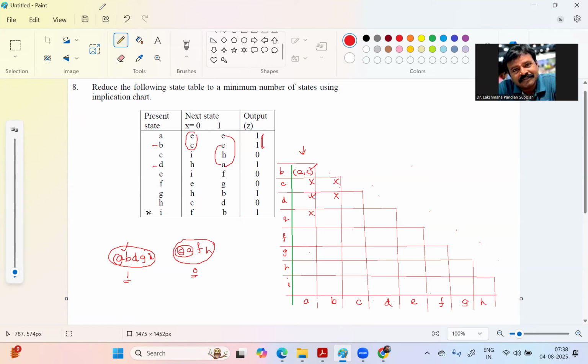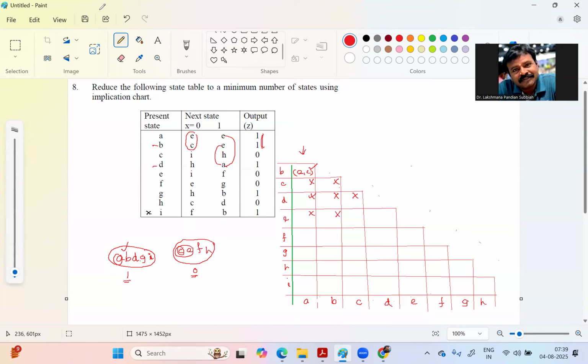Then we have CD. CD is a different group. Then BE, in a different group.